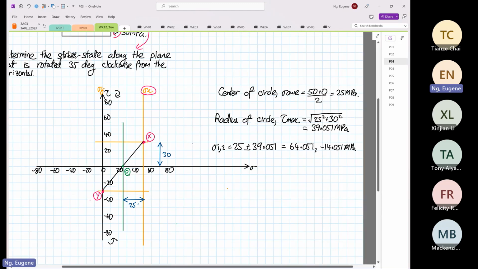Okay. So now you can construct. I mean, for me, I need that value to construct the Mohr circle. For you, just take a protractor, compass, and you can start drawing. Okay. So we know the maximum shear is 39. Again, I'm eyeballing this. And the minimum stress is minus 14.